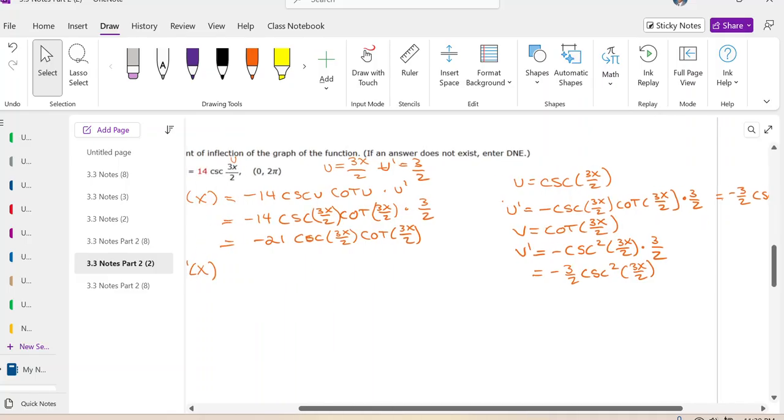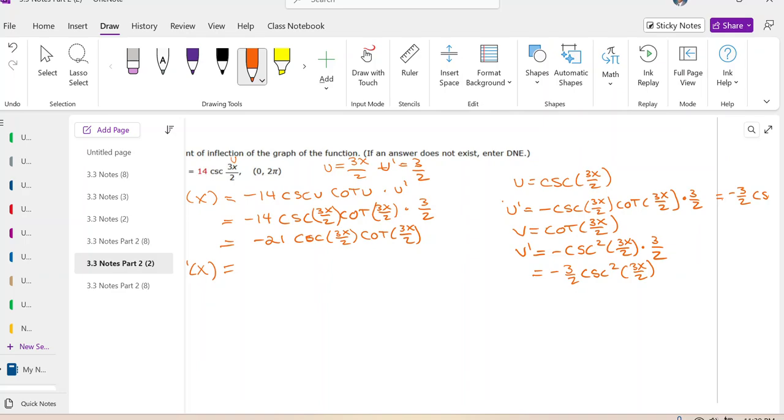Remember the quotient rule, the product rule. We're going to multiply this by negative 21 times.